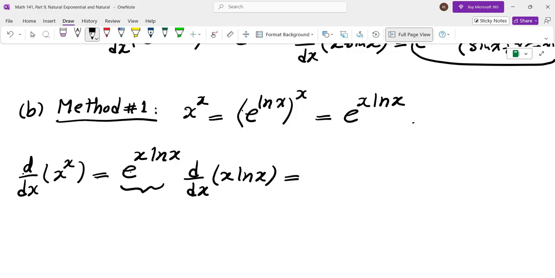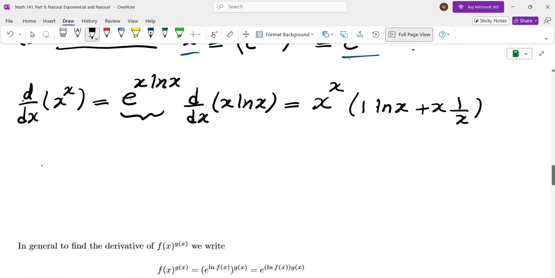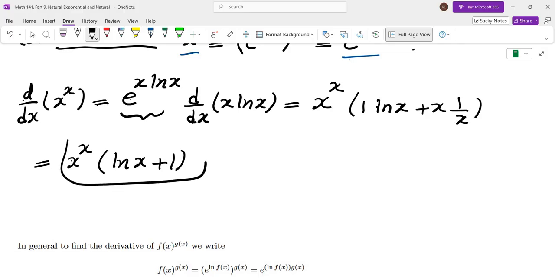Now, e to the power of x natural log x, based on what we discussed here, is in fact x to the x, and the derivative of x natural log x is 1 times natural log x plus x times 1 over x. So this would be x to the x times natural log of x plus 1. So this is the derivative of x to the power of x.